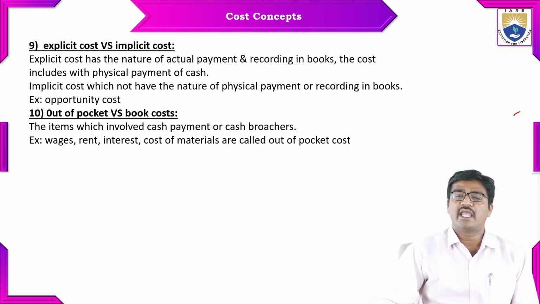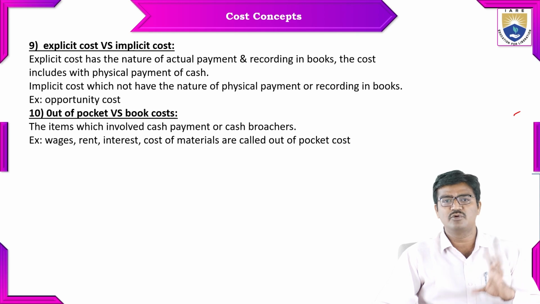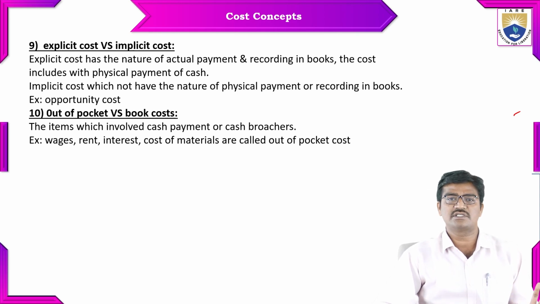If any cost is physically paid and is recorded in books of accounts, with both features present, then it is called explicit cost. For example, payment of salaries or wages, electricity bill: all these involve physical payment of cash and are recorded in books of accounts.